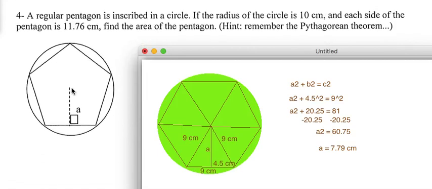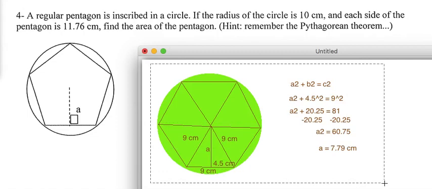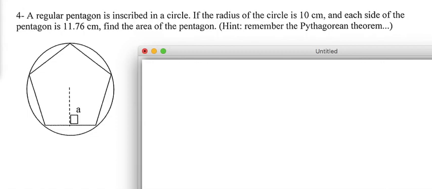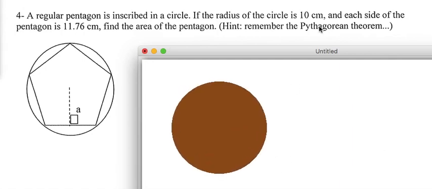All right, so this one's a little different. It tells you the radius of the circle again. So let me just erase this here. In this pentagon, you've got the radius of the circle is 10 centimeters. And let me draw this pentagon in here.